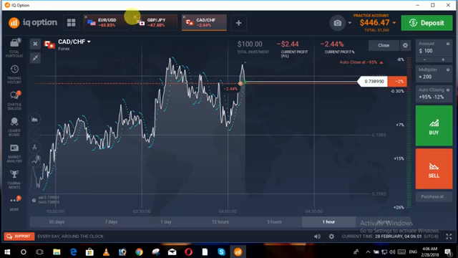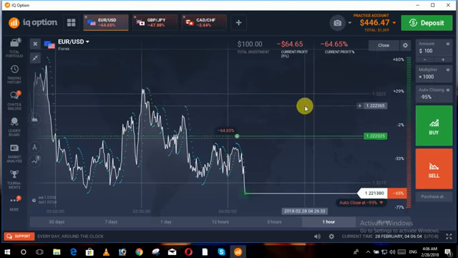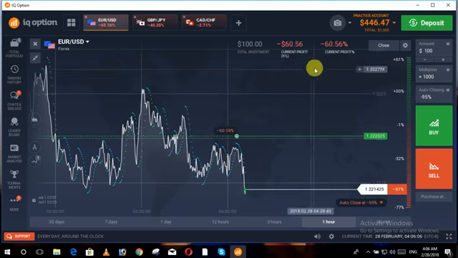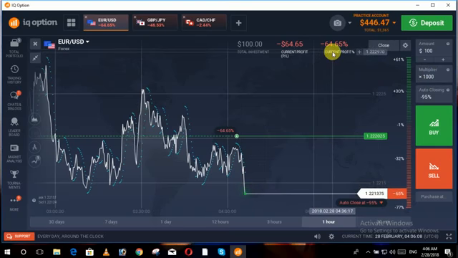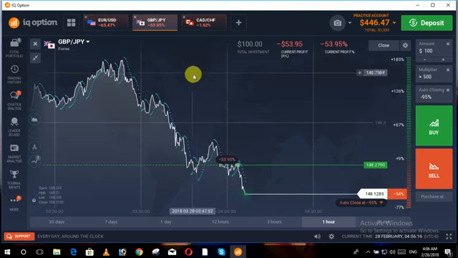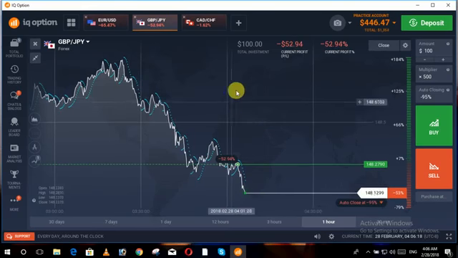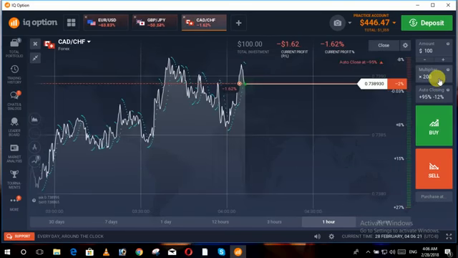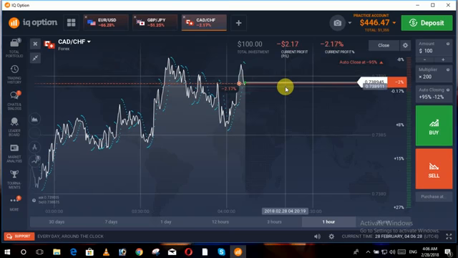And if your multiplier is 1000, you can see there our multiplier is 1000, and in just a few minutes our trade is going towards loss, and it becomes a 65% loss. Where we have set the multiplier of 500, we are in 52% loss, and where we have set the 200 multiplier, we are near to our profit, and the loss percentage is very low.